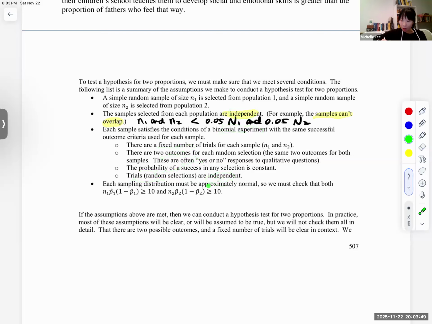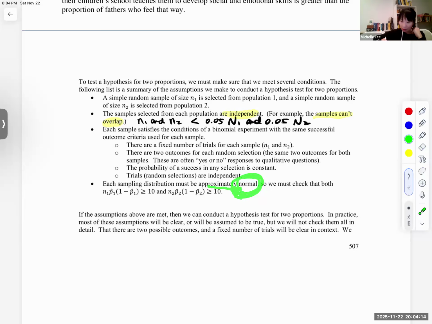And then we have to check whether the distribution is normal, right? Why? Because we have to use the normal distribution in the software to find the probability, right? And the z-score too, the special z-score.